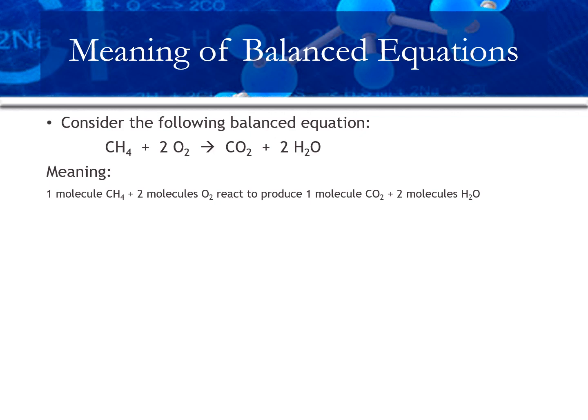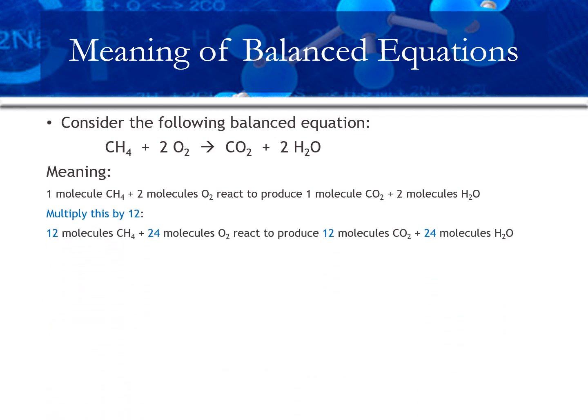But that's not a unique way of balancing the equation. I could multiply all of the stoichiometric coefficients by 2, and it would still be balanced. Or if I like, I can multiply by 12, so that I have 12 molecules of methane reacting with 24 molecules of oxygen to produce 12 molecules of carbon dioxide and 24 molecules of water.